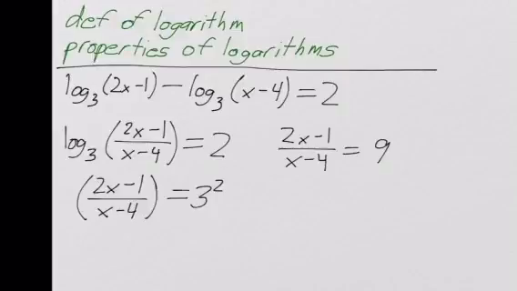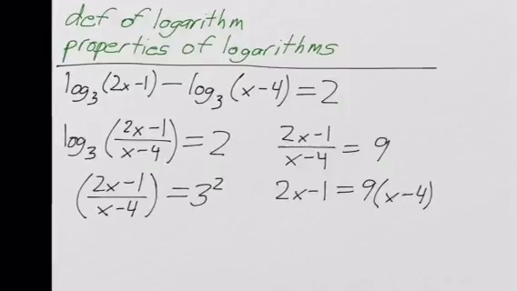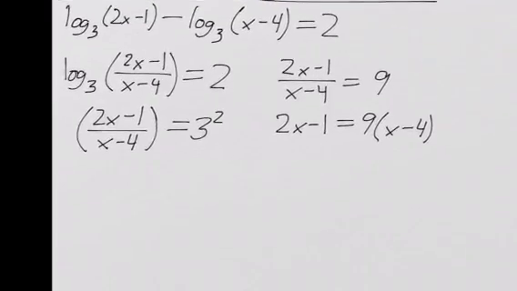I now multiply both sides by x minus 4. So I get 2x minus 1 is equal to 9 times x minus 4. I can distribute the 9. So I get 2x minus 1 is equal to 9x minus 36.